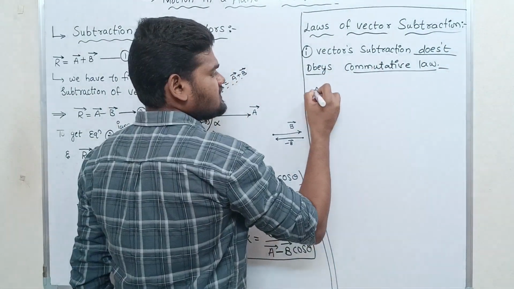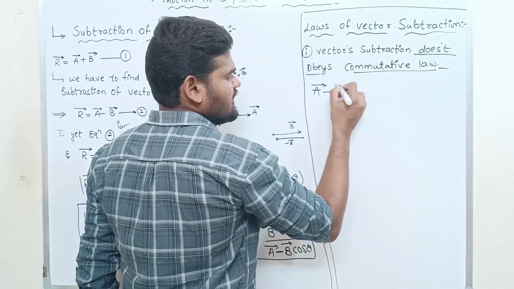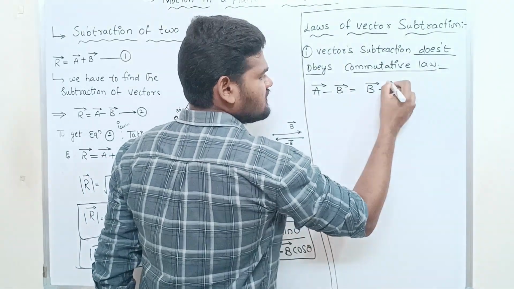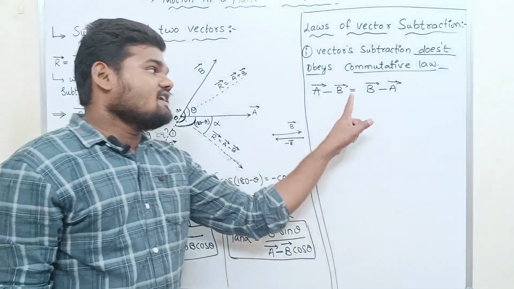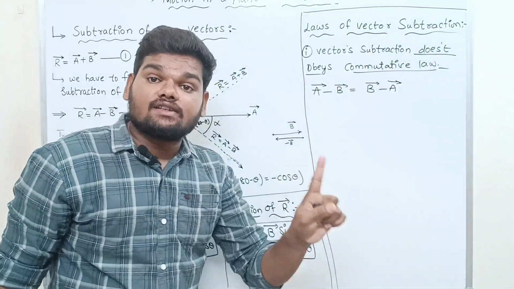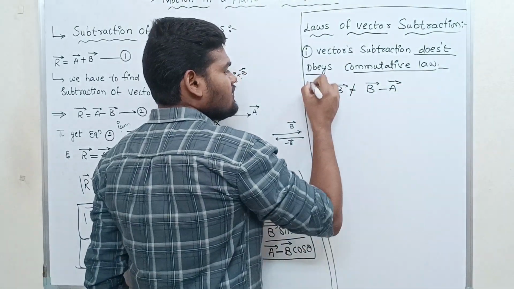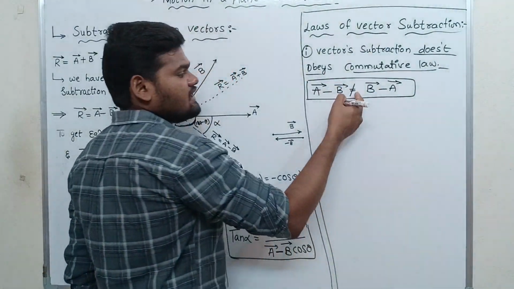That means if we subtract any two vectors, a bar minus b bar would be equal to b bar minus a bar if it satisfied the commutative law. Since it is not satisfied, a bar minus b bar is not equal to b bar minus a bar.